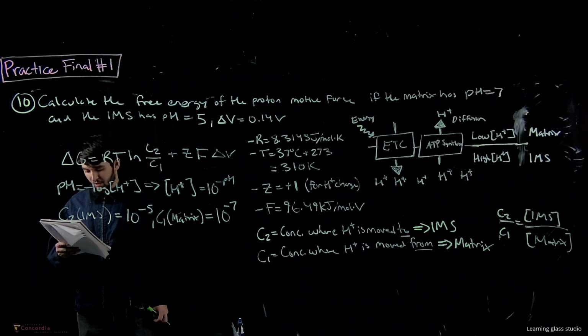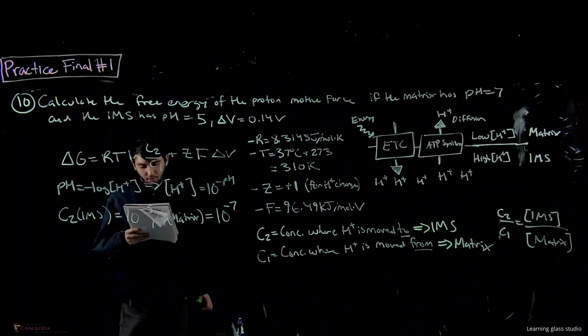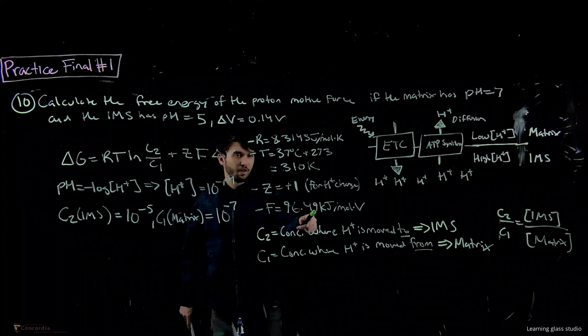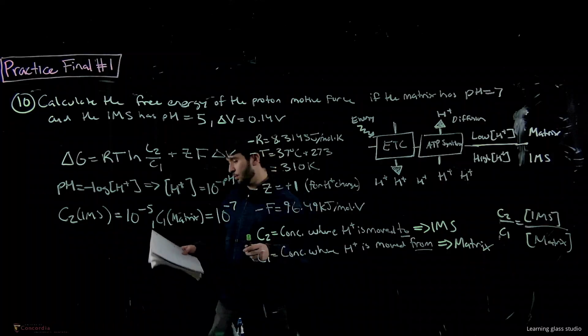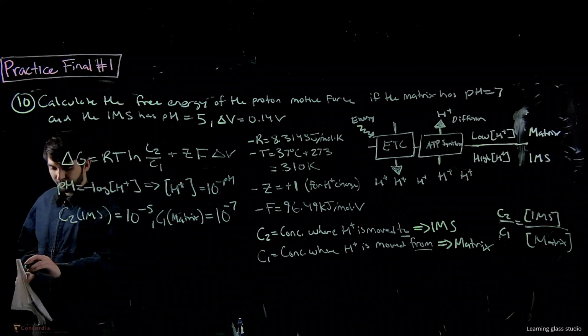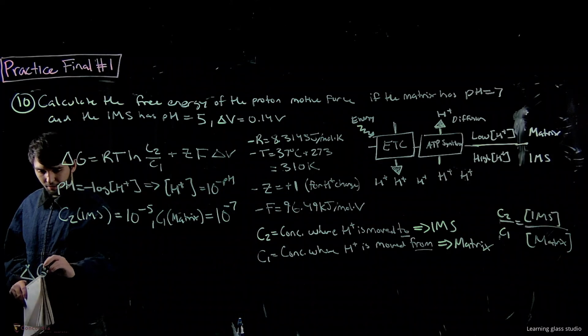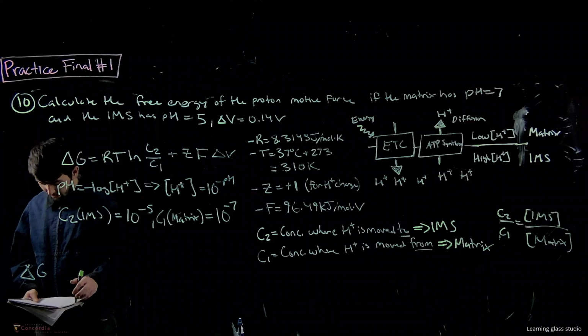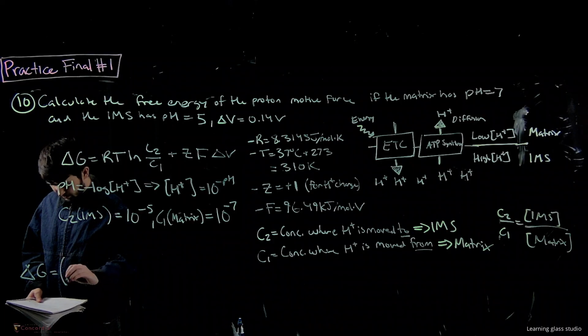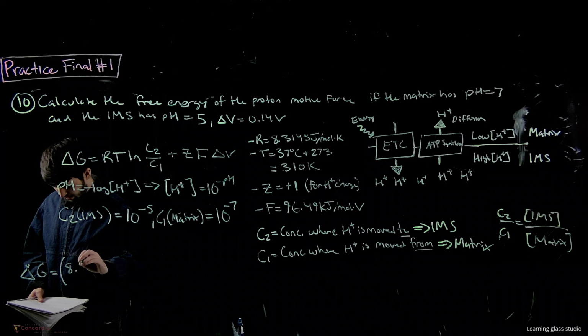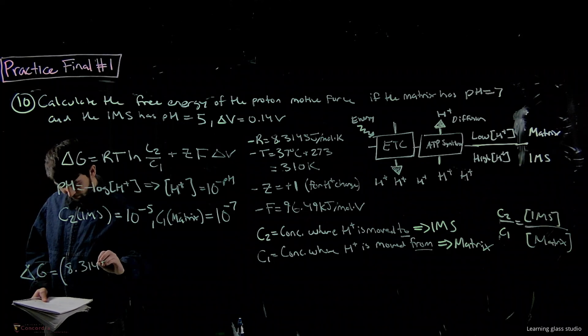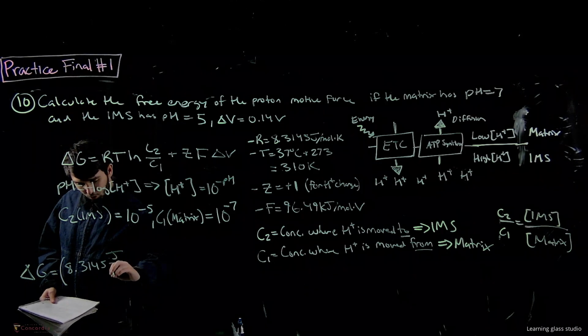So now we can calculate this. We need to keep all the units consistent, so let's convert everything into kilojoules. So delta G equals 8.3145 joules per mole Kelvin.